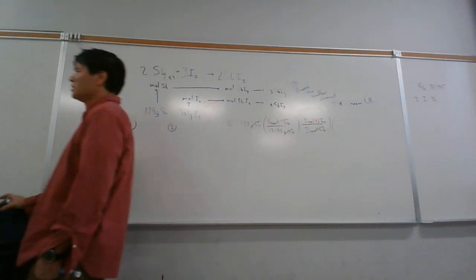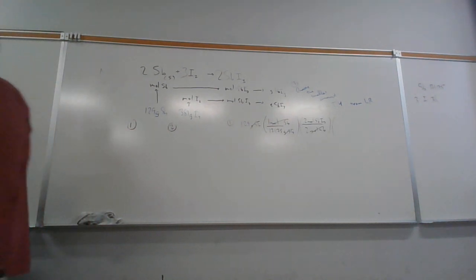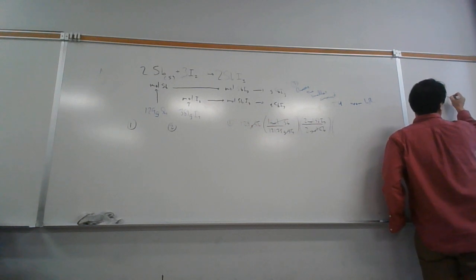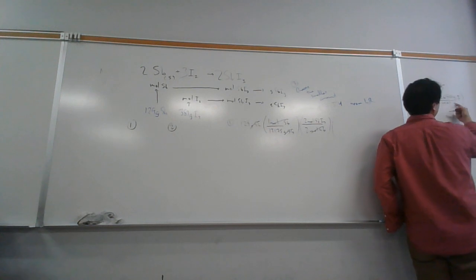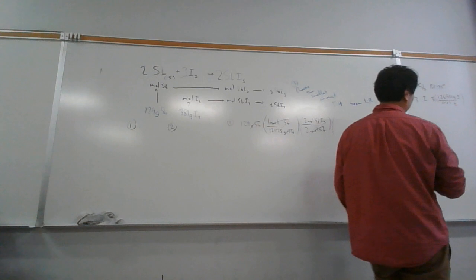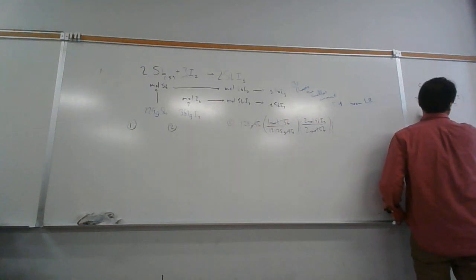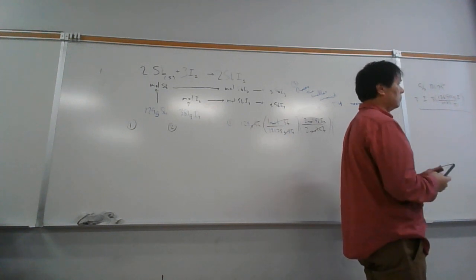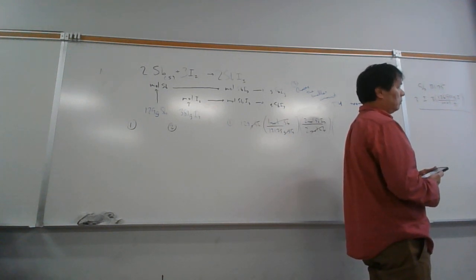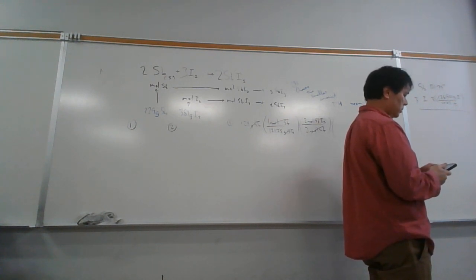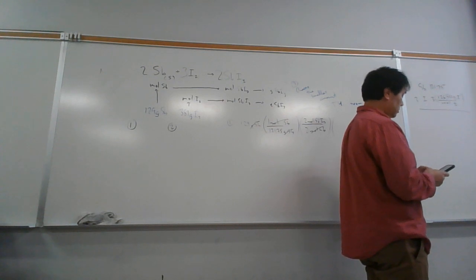It's 126.90 grams per mole of I. This is not I2, it's I, because we just have atoms of iodine in there, not molecules. The other thing is we can just look it up. When you're doing the homework, it's easy enough to search it online.